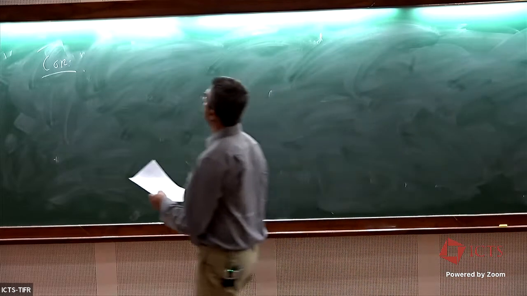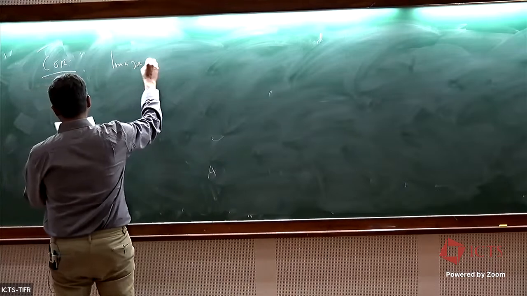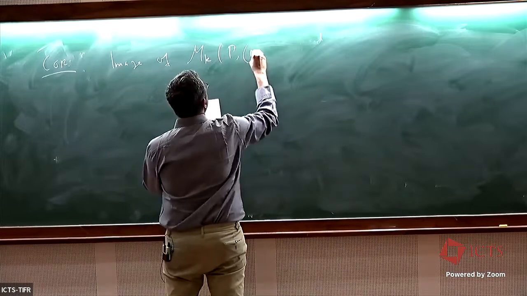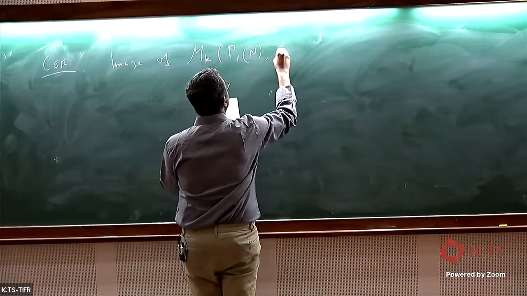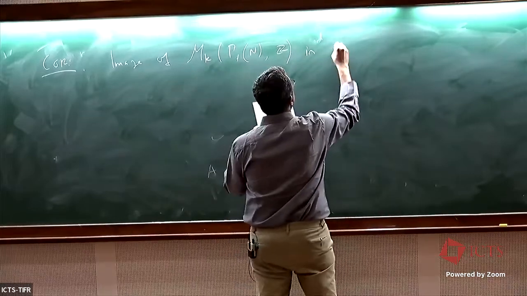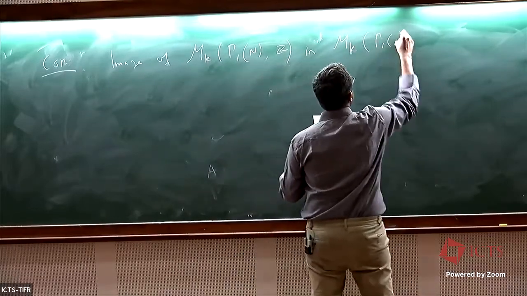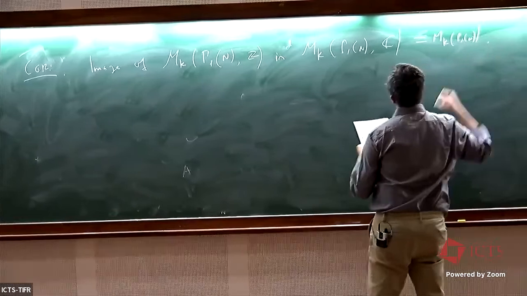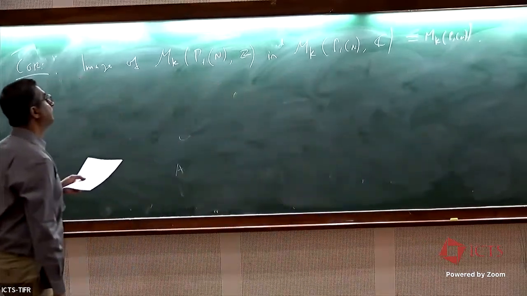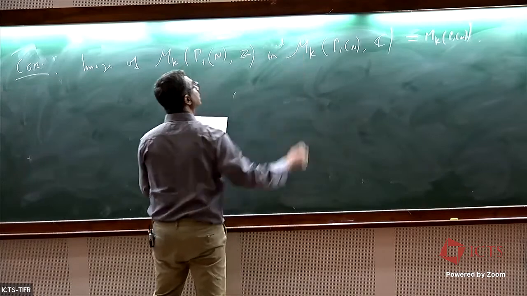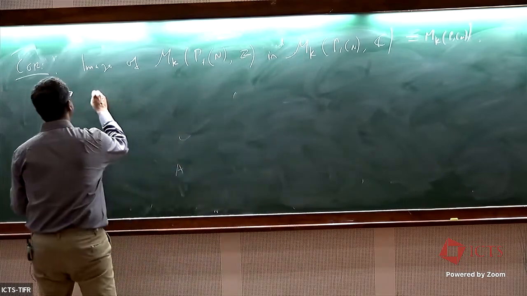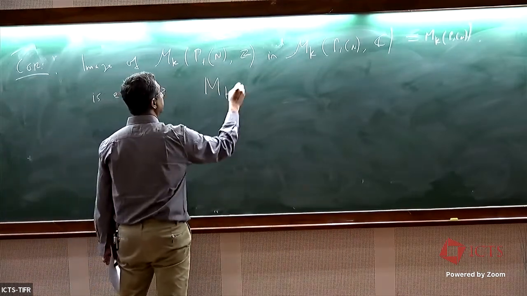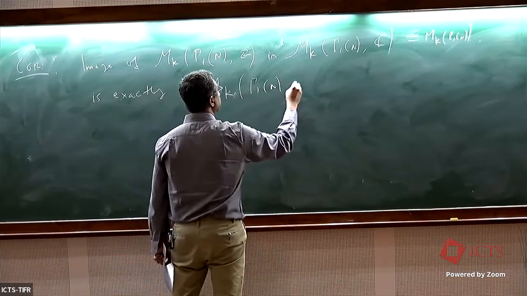So the image, copying that sentence again, specializing to A equal to Z and B equal to C, we said was M_k(Γ_1(n), C), the usual space of modular forms, is exactly the old M_k(Γ_1(n), Z), which may even have been 0.